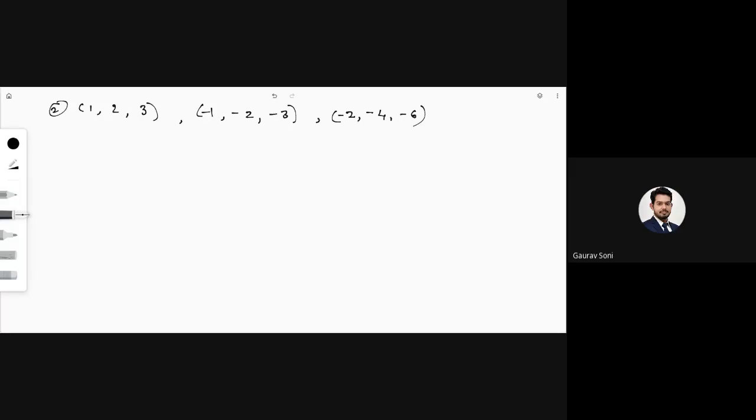So this is your x1, x2. x1 is equal to minus x2. But we need a relation between x1, x2, x3. x1 plus x3 is equal to x2. Okay. So let's see whether we get it.